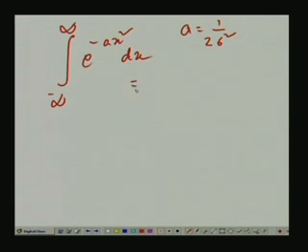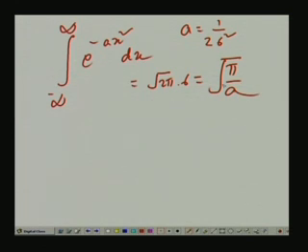So, this is equal to root 2 pi sigma, and sigma we know is 1 by square root 2 a. So, this gives rise to this. This integral is essential for us. Okay. Now before that, we are taking the n equal to even case.